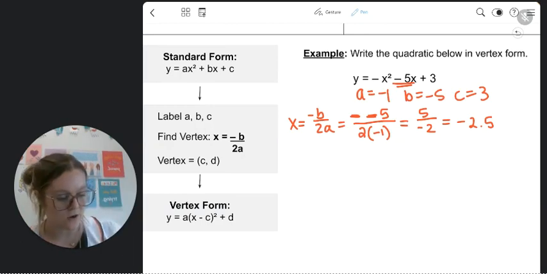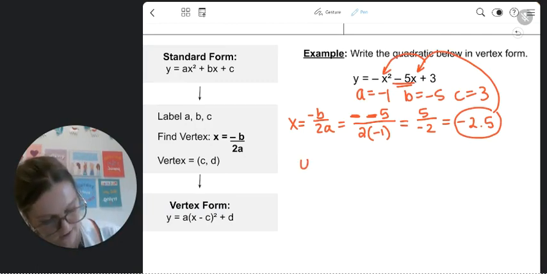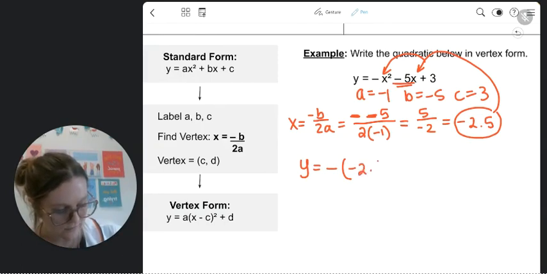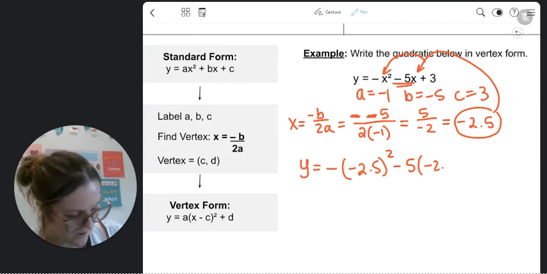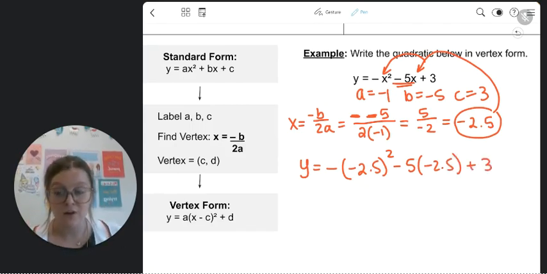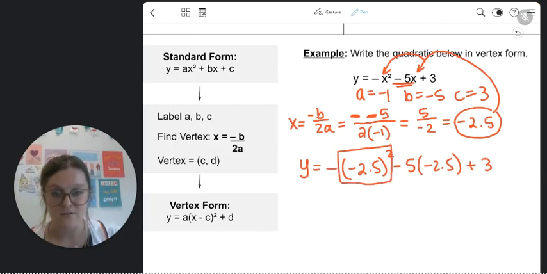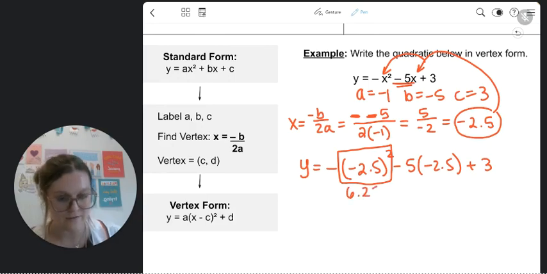Now that we have our x value, I'm going to take it and plug it into the equation wherever I see x. So I'm going to say y equals negative parenthesis, make sure you put in parentheses, negative 2.5 squared minus 5 parenthesis, negative 2.5, and then plus 3. Okay, we start with our parentheses, so be careful here. We are going to square this guy here. When I put that in my calculator, I get 6.25.